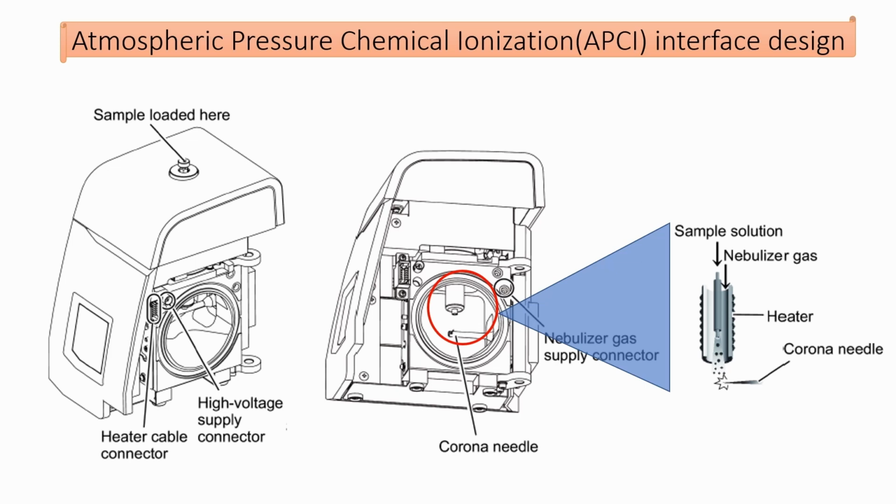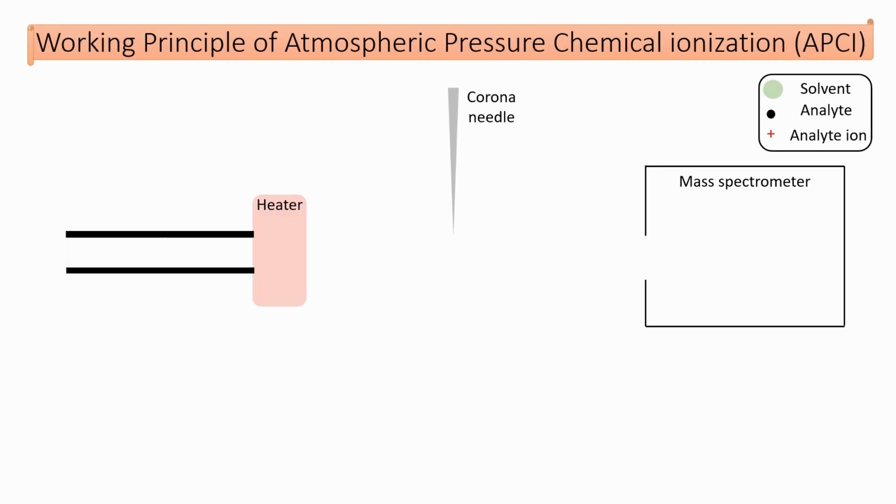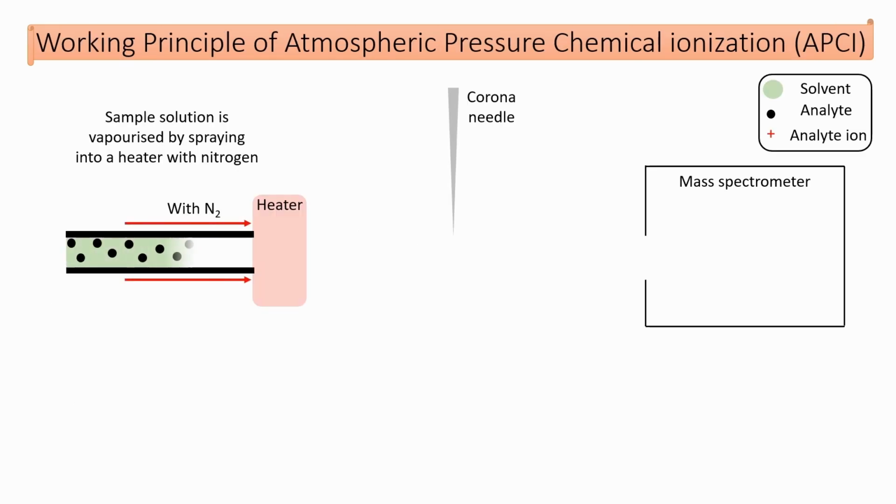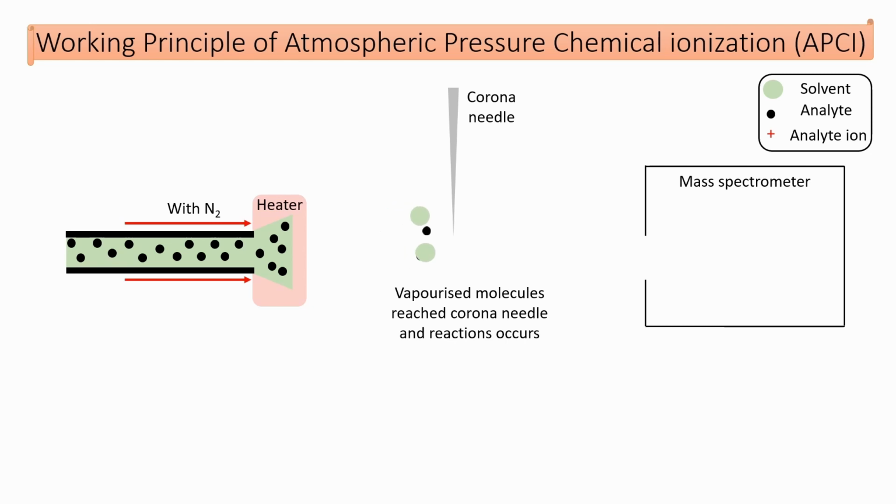Now, let's move on to learn about the working principle of APCI. In APCI, sample solution from HPLC is first vaporized by spraying it into a heater with nitrogen gas. Vaporized molecules would then hit the corona needle, triggering a series of reactions.